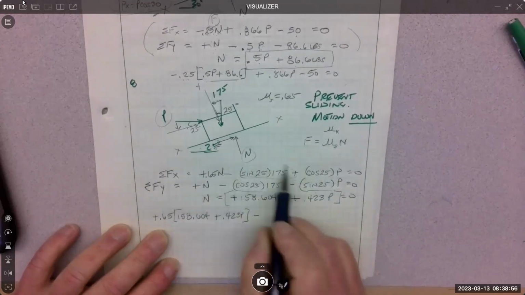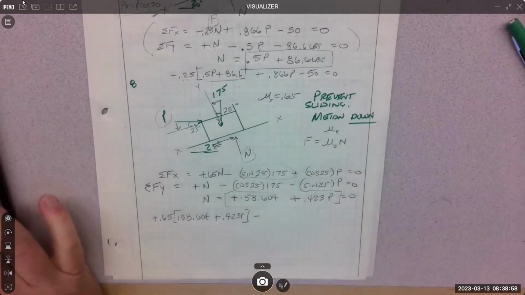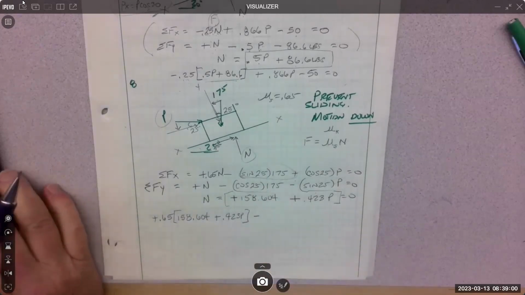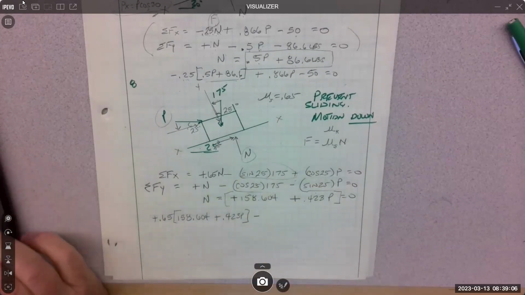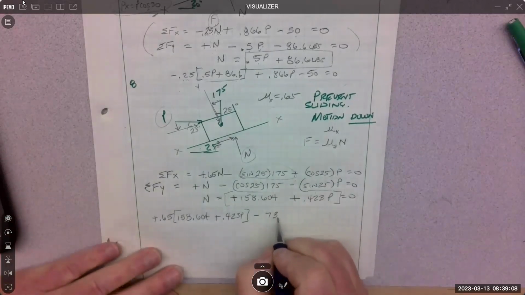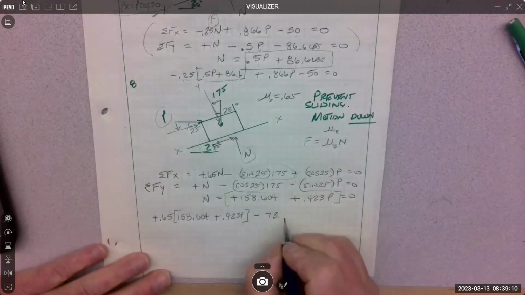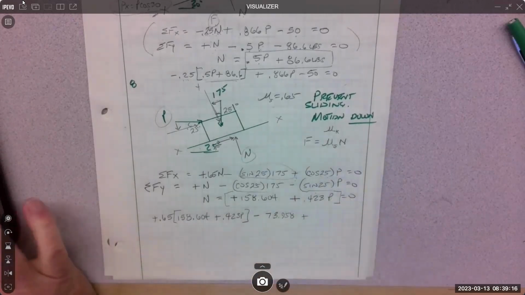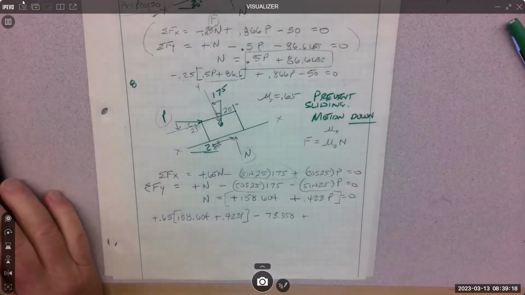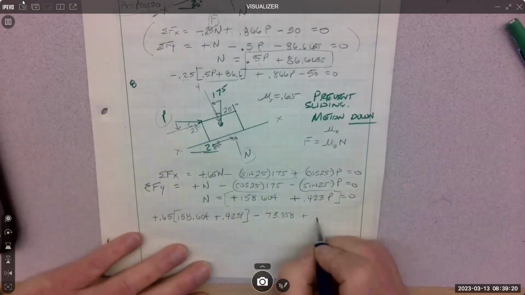I'll turn this into a number. 25, sine 75, $906.